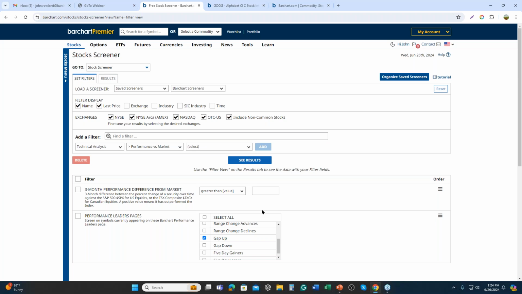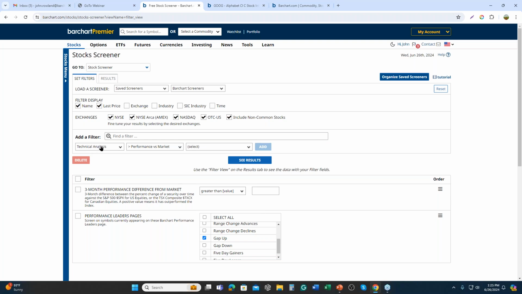Now, I also want an actionable reference point. So what could we think about? Well, if we're outperforming on a 3-month basis, then maybe I want to see this stock continuing to make new monthly highs.